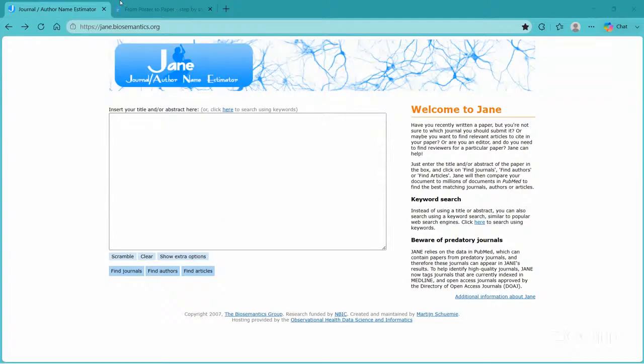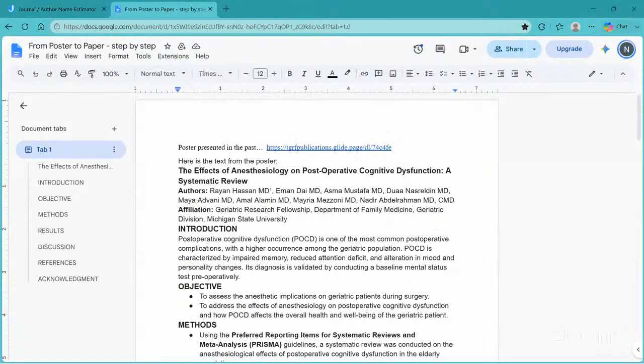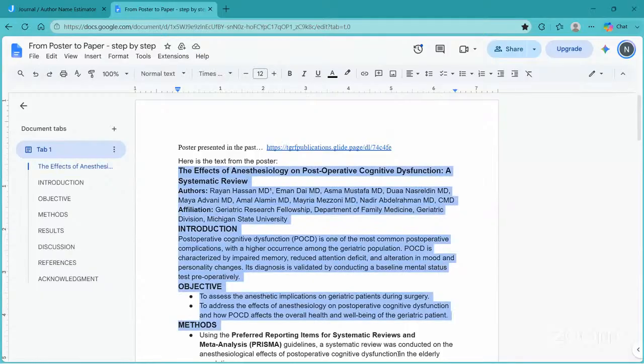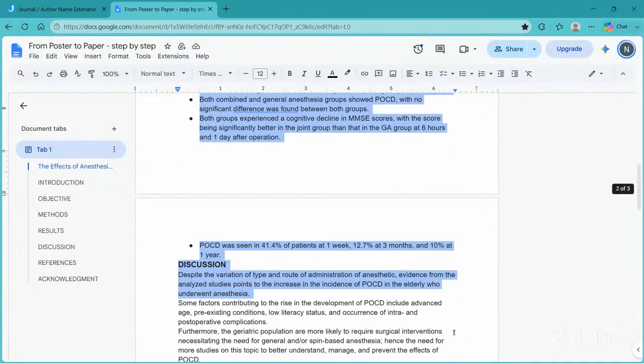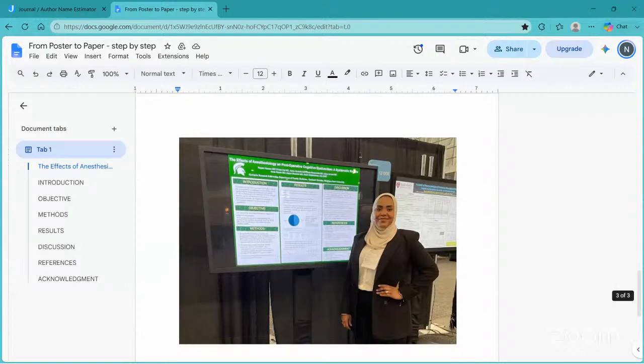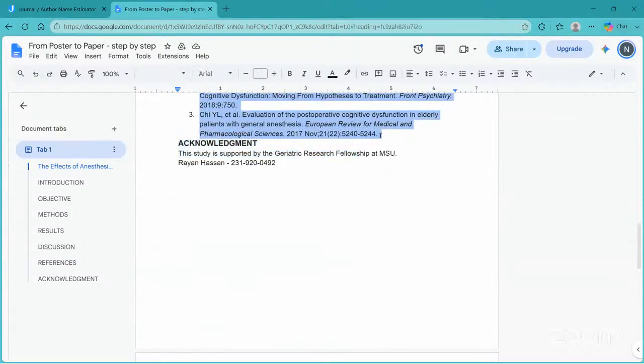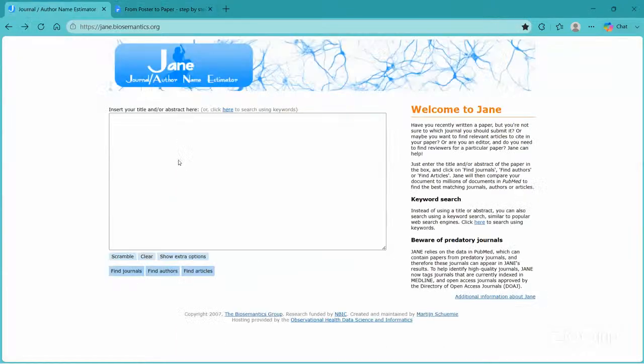We are going to use as an example a poster that was presented before. All you do is insert your title or your abstract. You can also use keyword search, only inserting keywords. We will come back to that.